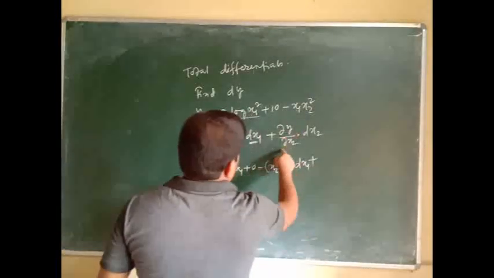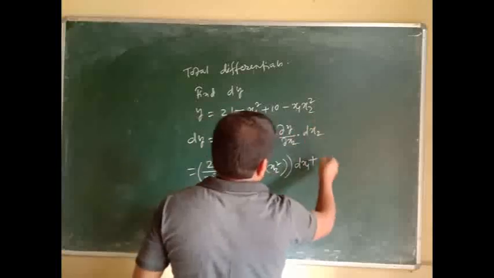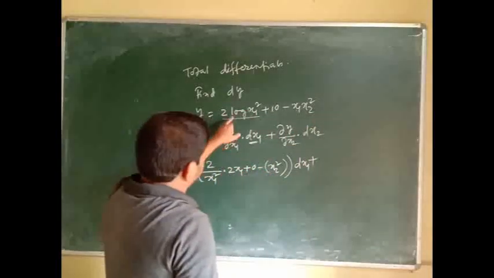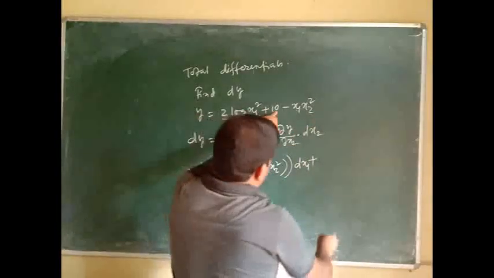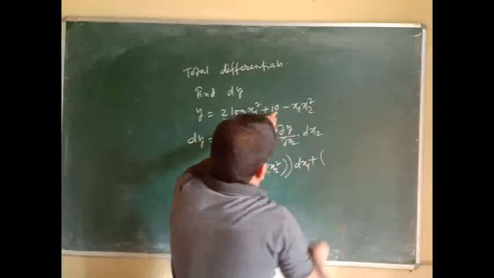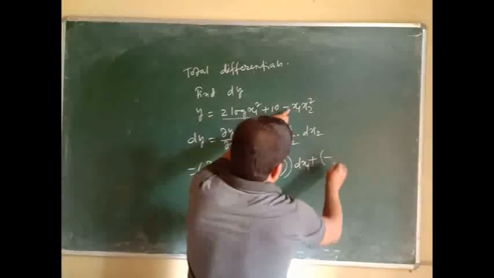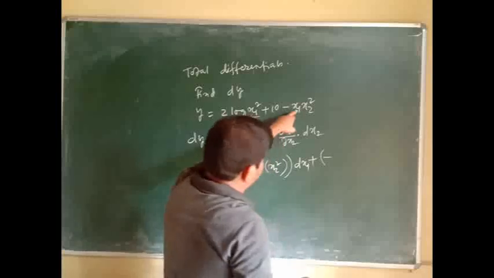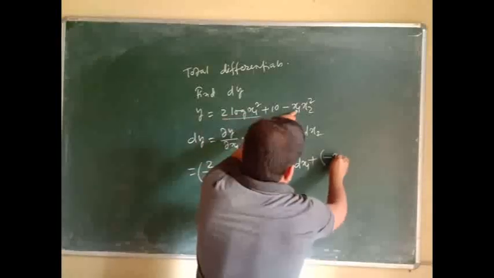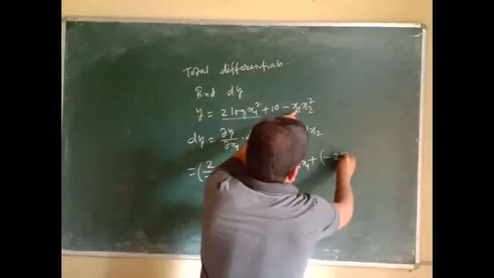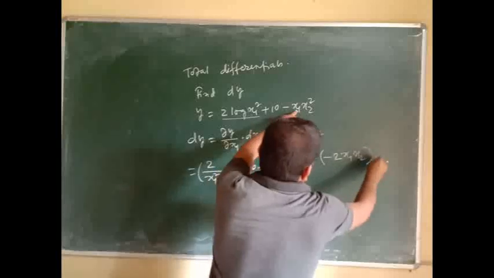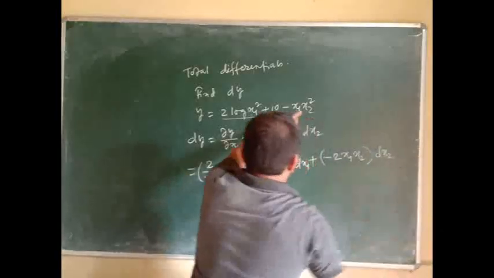Plus del y by del x2. If you differentiate this whole thing, then this part will be 0, this part will be 0. So we have minus, with respect to x2, 2x1 x2 into dx2.